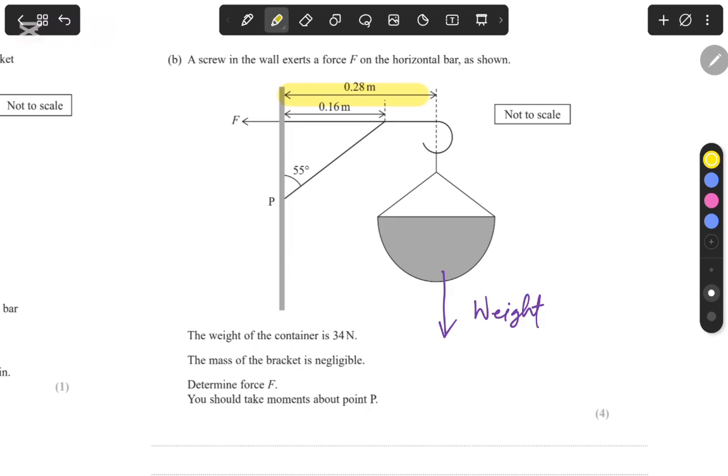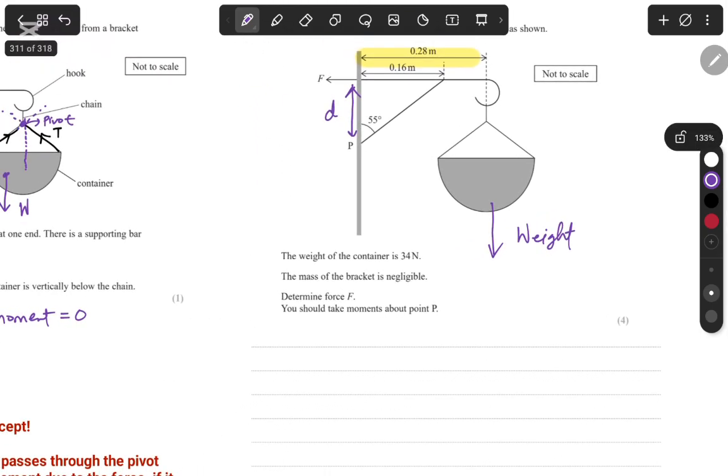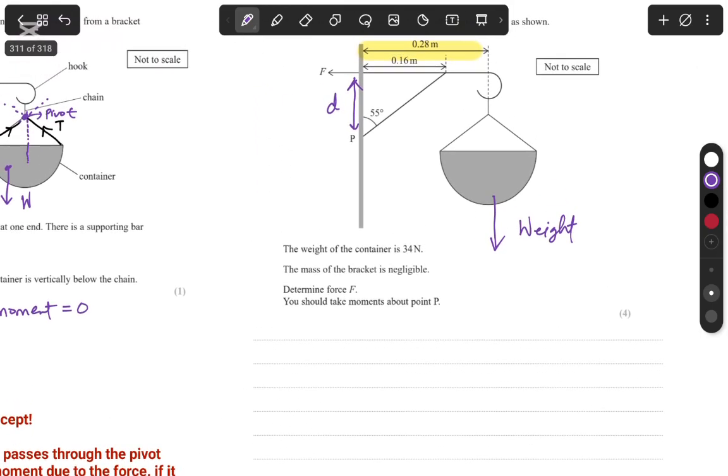The next thing, we need the perpendicular distance from the force F, which is the force that the screw exerts on the horizontal bar. We need that force, and we need that distance, the perpendicular distance, so we can move further on. So we need this distance right over here.